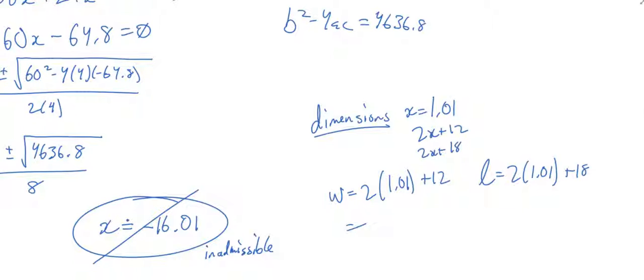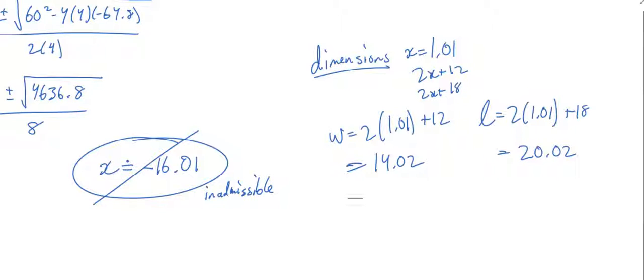And it says to round to one decimal place, so this rounds to 14.0 and this rounds to 20.0.